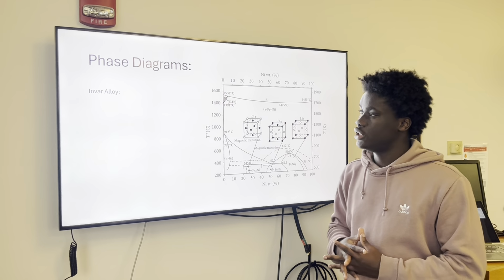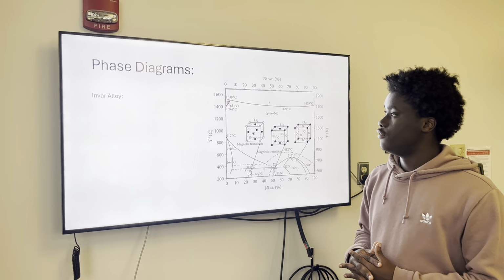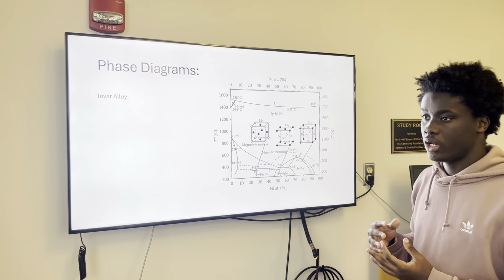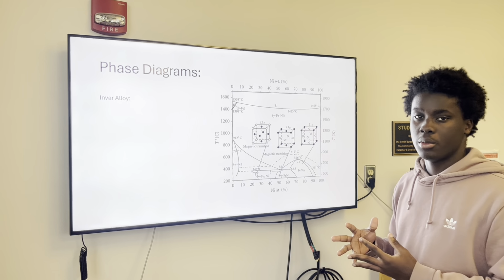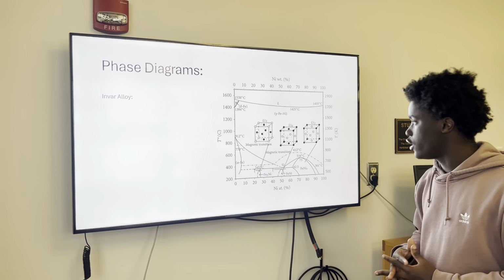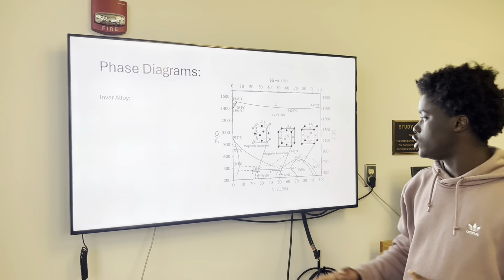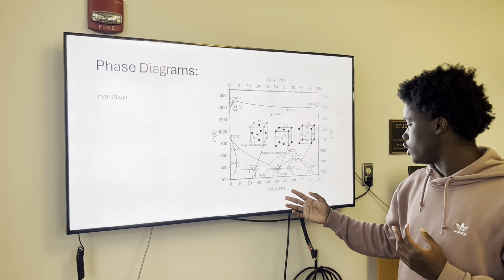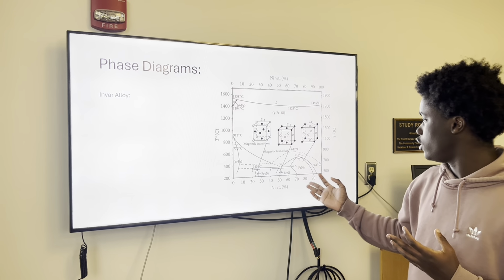So now this is the phase diagram of our alloy. When iron and nickel form an alloy, it becomes Invar. So we have the phase diagram of Invar here, still the temperature in degrees Celsius and the weight percent of nickel in the material.